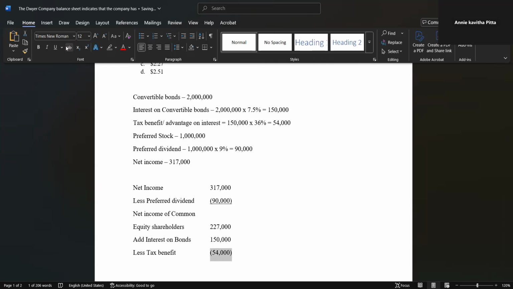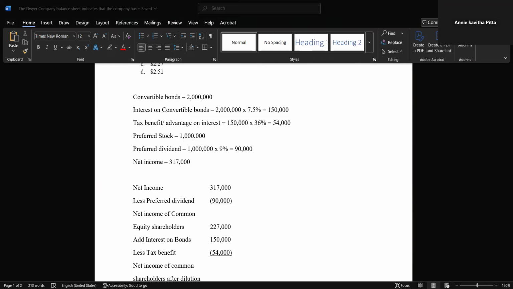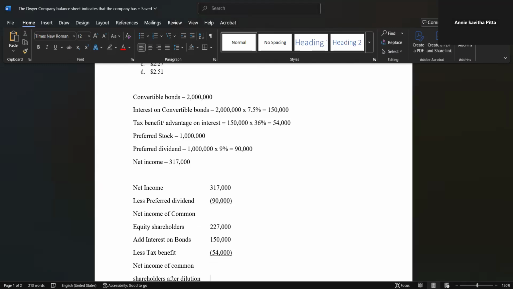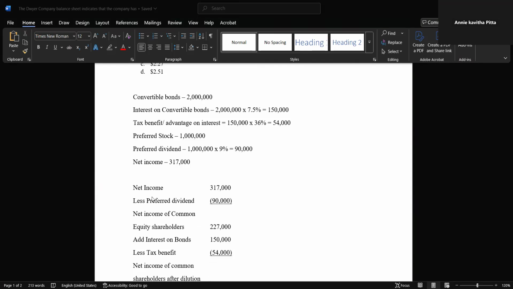Once we do that, this is the net income available to common shareholders including conversion. Let's check how much is available: 323,000.